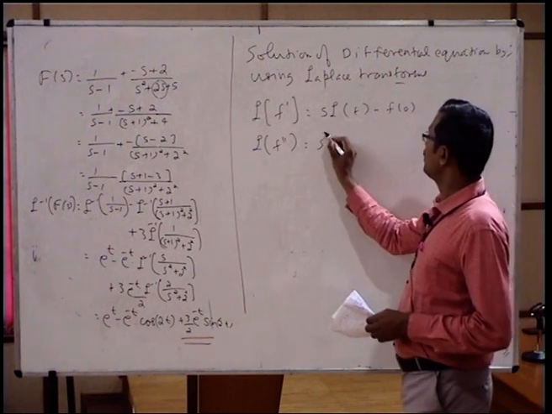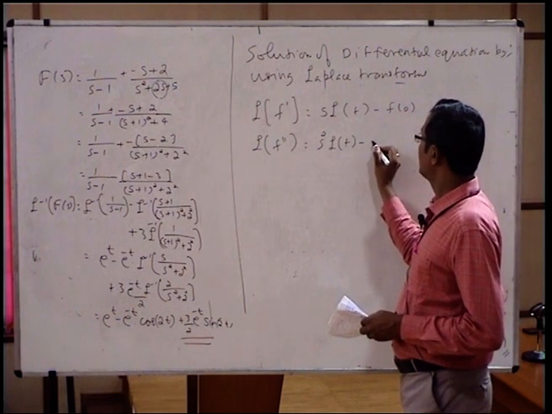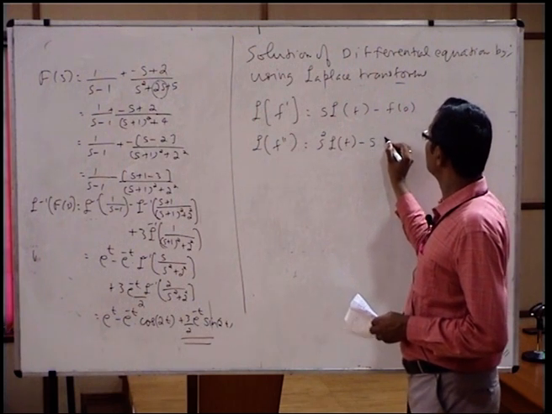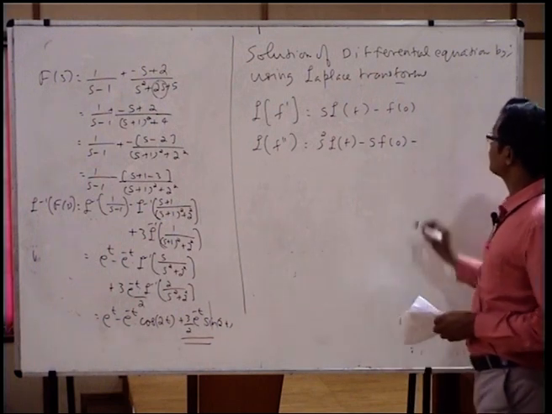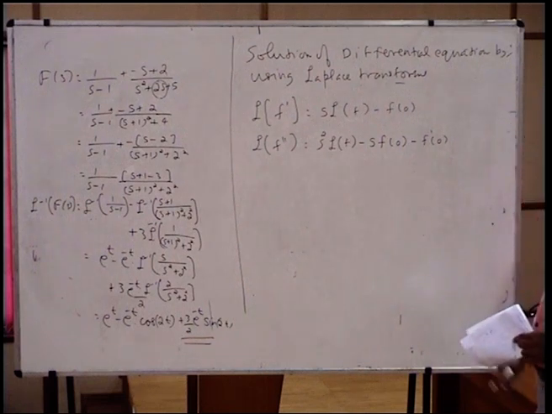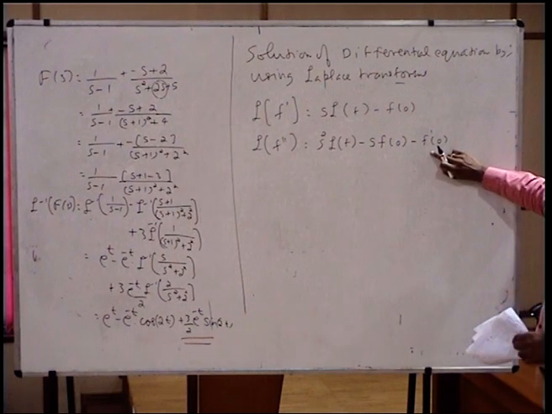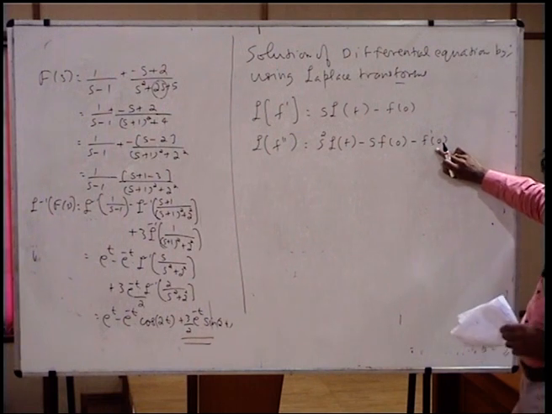Then it is s square times Laplace transform of f minus s into f of 0 minus f dash of 0, so f dash at x equal to 0.